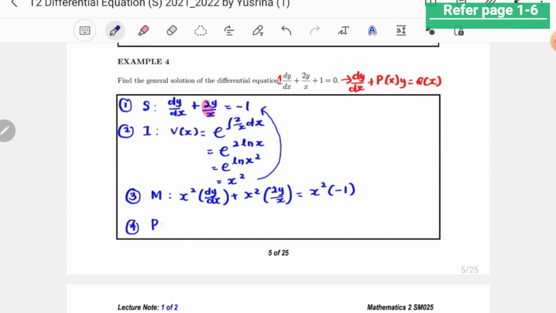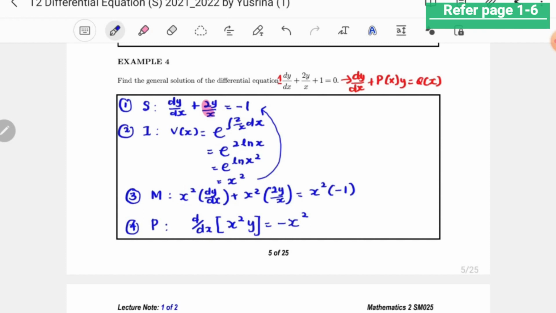P is the product rule. So for the product rule, you just simplify d/dx of v(x), that means x², multiplied by y, equals, and then the right hand side you just copy -x².